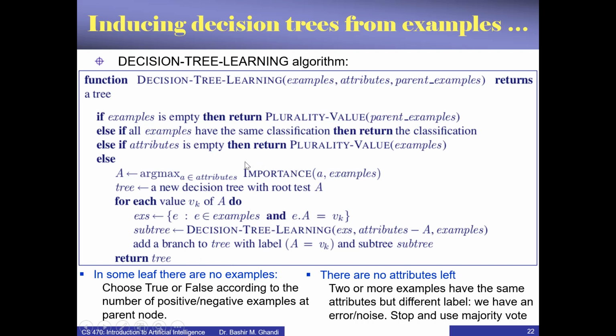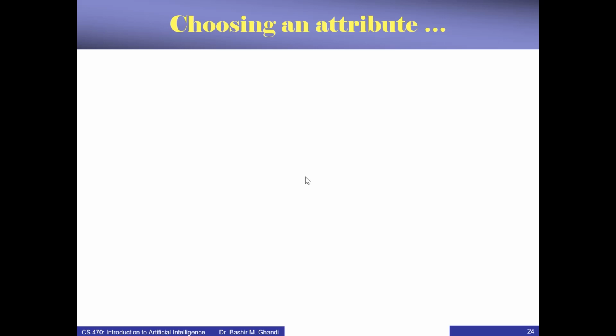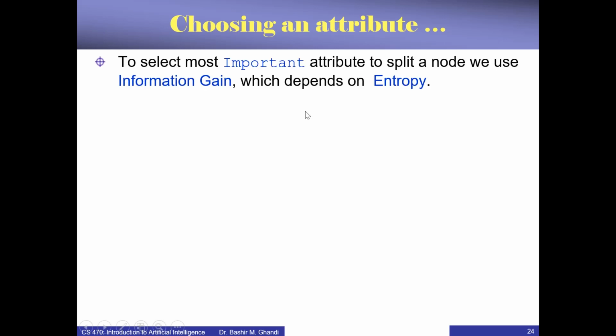So the question now left for us to answer is, how do we choose this important attribute that we shall use for the splitting? This is what we are going to learn next. Now, to select the most important attribute to use to split a node, we use a very important measure called information gain.